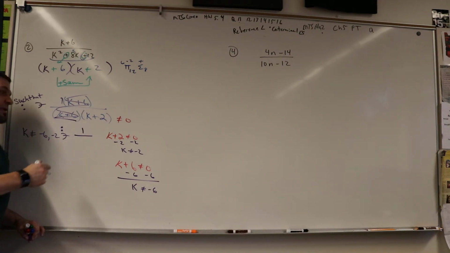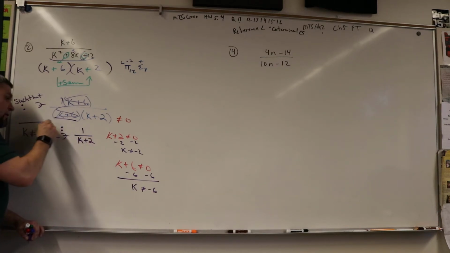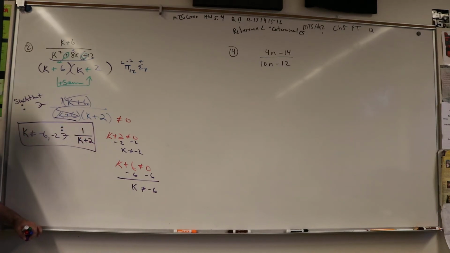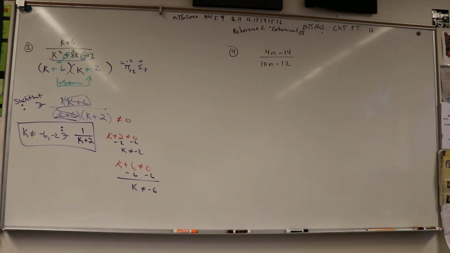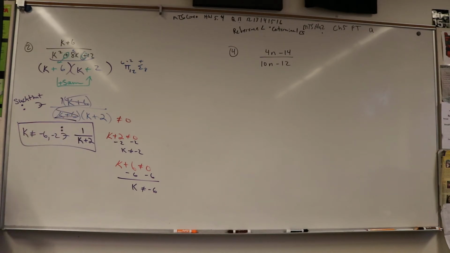K plus 2. And there it is. It looks complicated, but it's really not that bad. We're just canceling out the things that look the same on the top and the bottom and making sure what K cannot be.